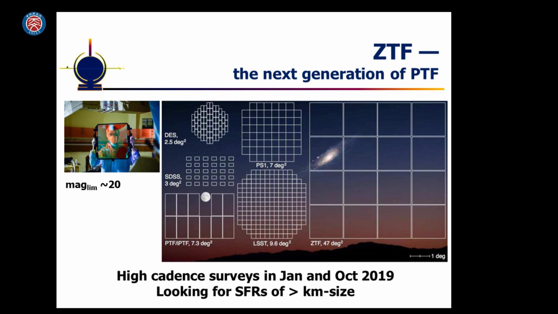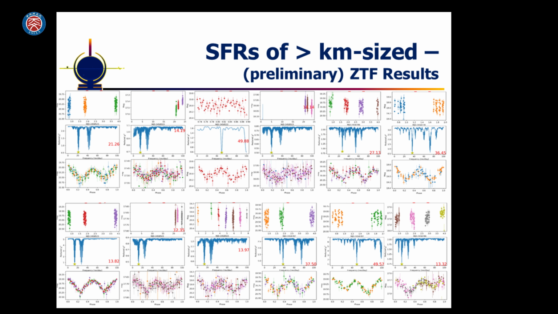So I did several high cadence surveys, and here are the superfast rotators I found from ZTF. As you see, their light curves are very beautiful, so there is no need to do follow-up to confirm their rotation period.